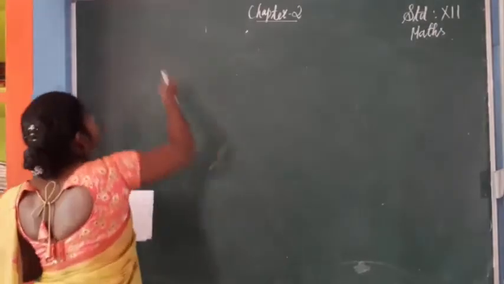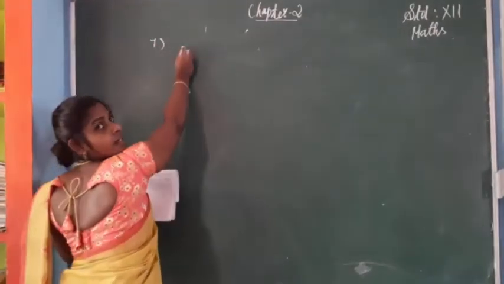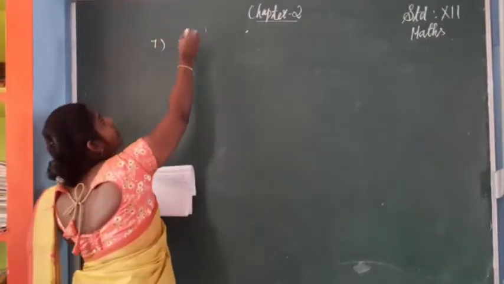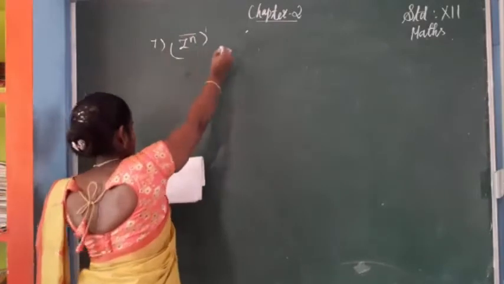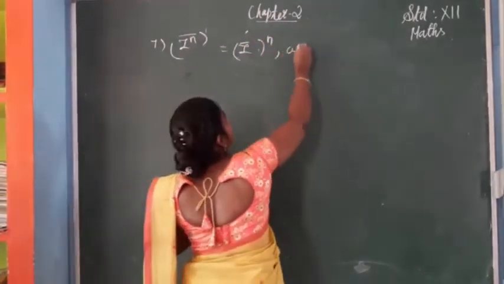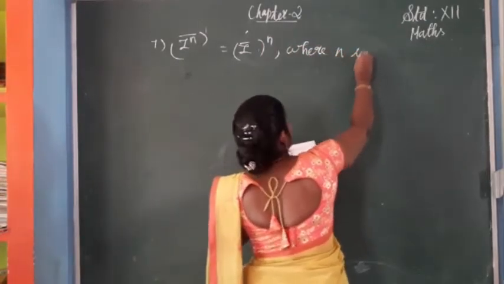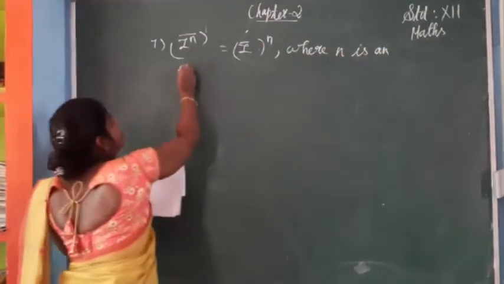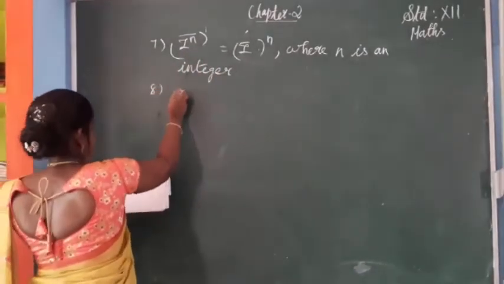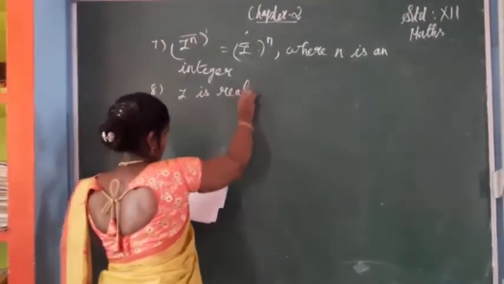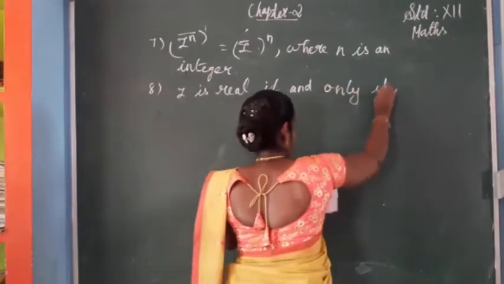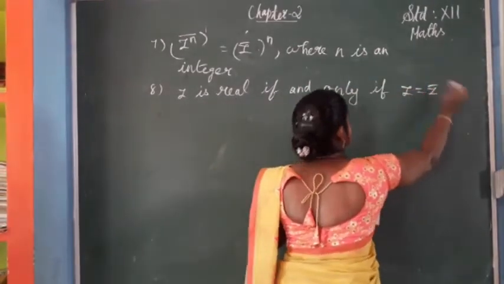Seventh property, Z power n the whole bar is equal to Z bar the whole power n, where n is an integer. Eighth one, Z is real if and only if Z is equal to Z bar.